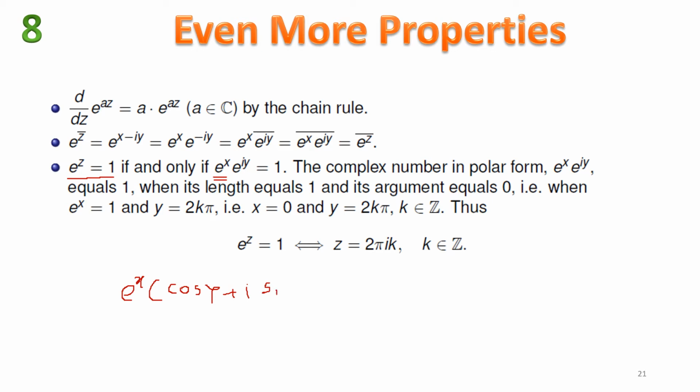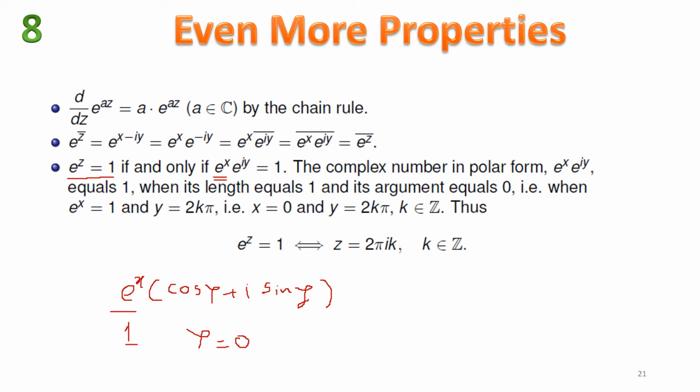So here we have to look for this form. Now this is equal to 1, it means that this quantity should be 1, and cos of 0 is 1 and sine of 0 is 0. So here we look for y equal to 0.